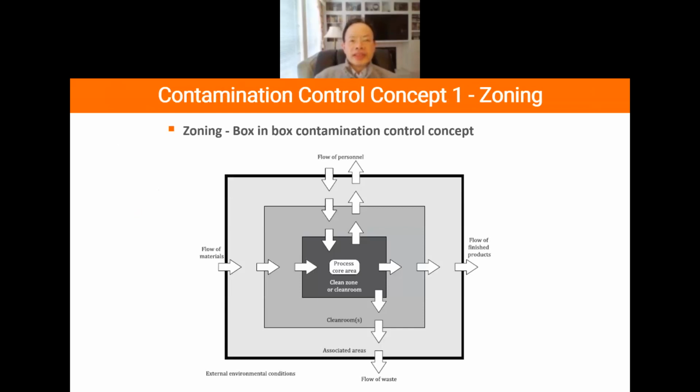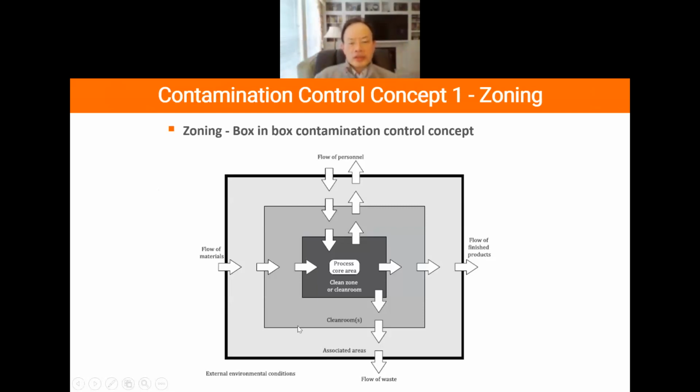There are several concepts for contamination control. One is zoning, which is basically a box-in-box concept. The critical area is at a higher pressure, usually in the more inner center location.